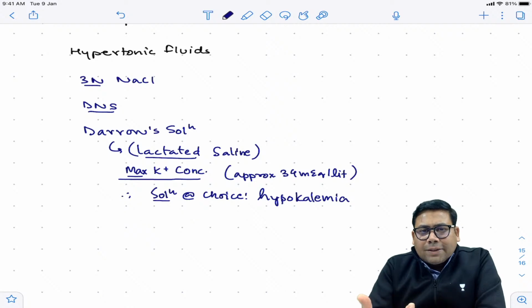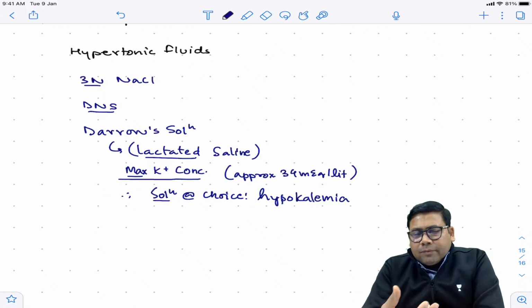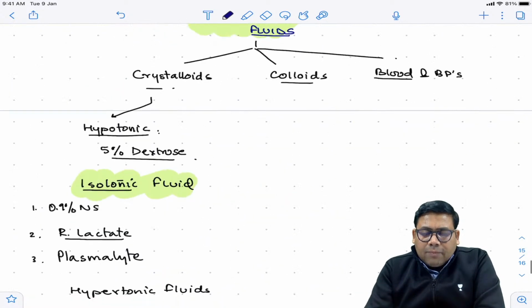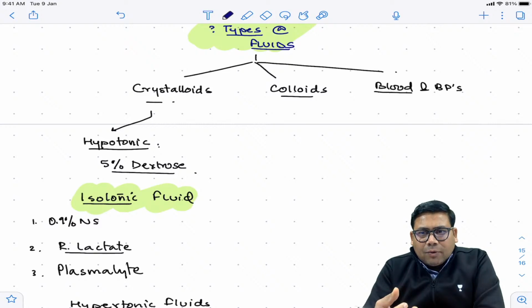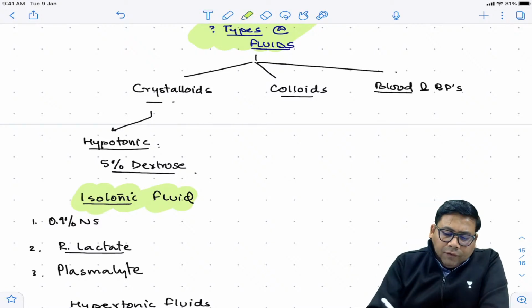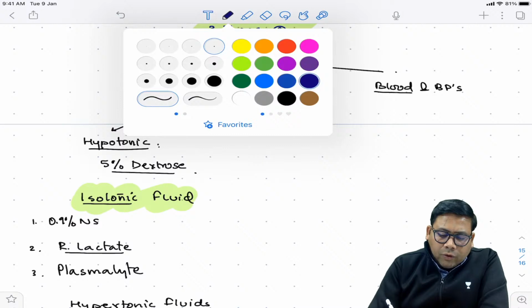Now, when we talk about colloids, let us see what is important about colloids. And when we talk about blood and blood products, let us discuss that also. What is colloid all about?